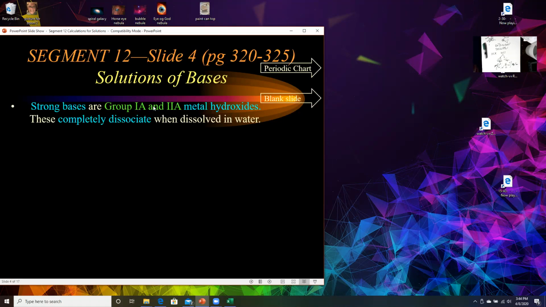Now, they're pretty easy to identify because on the periodic chart, the very first column on the left is group 1A, and the hydroxide of any one of them would be a strong base. It would separate into its ions. So, for example, if I put solid sodium hydroxide into water, it would break apart into sodium ions and hydroxide ions. It would be soluble.